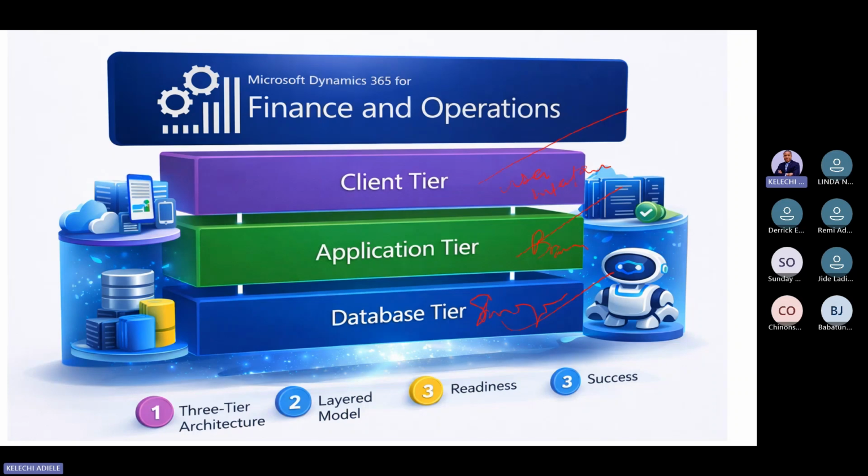If you want to run a financial statement or a sales report, once you click go or run or save, or once you generate an action, it will go to the database layer to search. These things happen in split seconds.